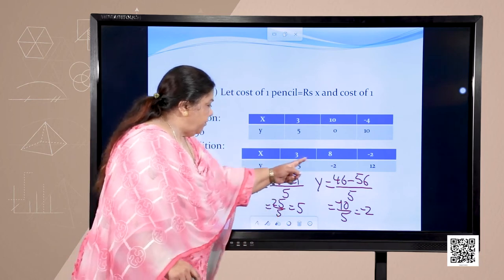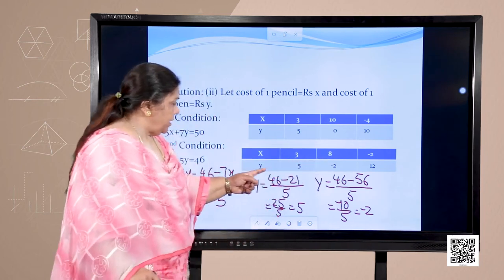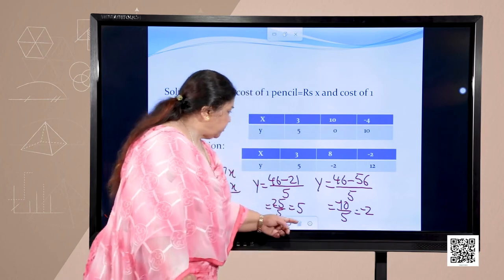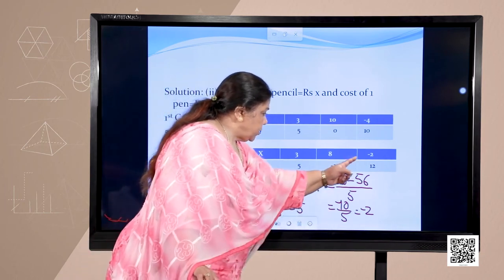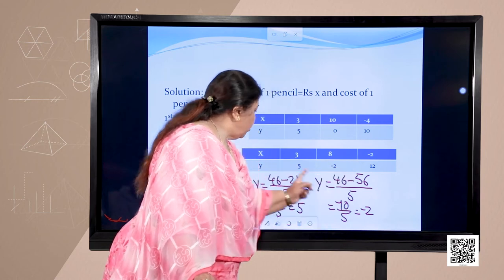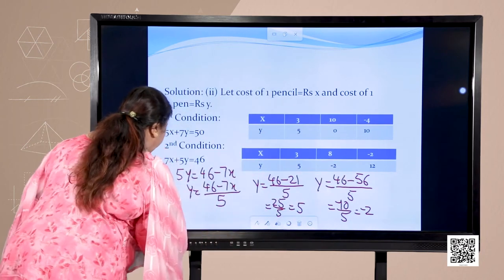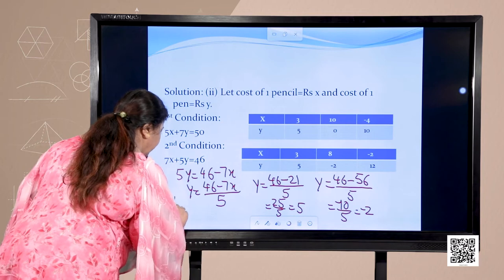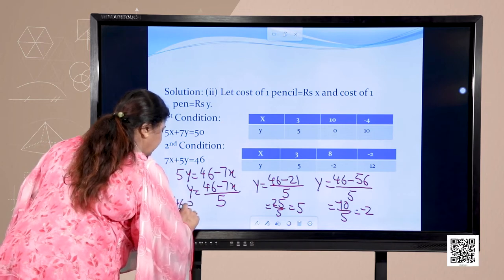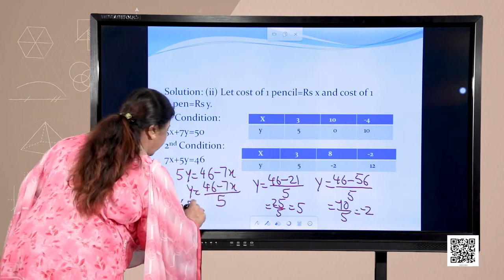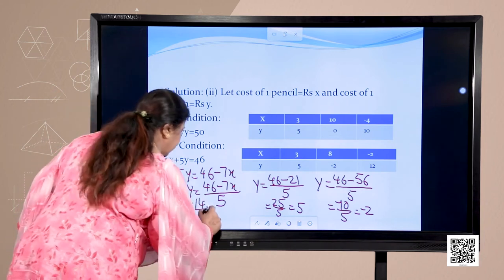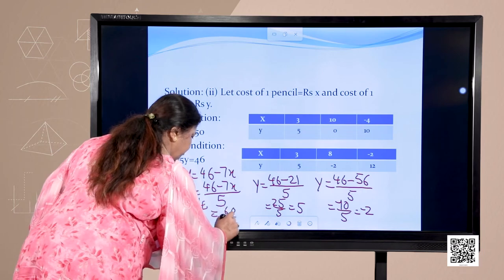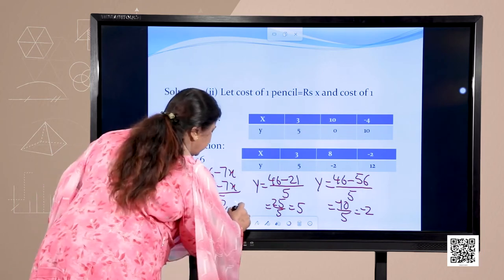Likewise, we take the value as minus 2 here, because 5 minus 3 is 2. So if I take minus 2, what do I get? y is equal to 46 plus 14 upon 5, that is 60 upon 5, and the point is 12.